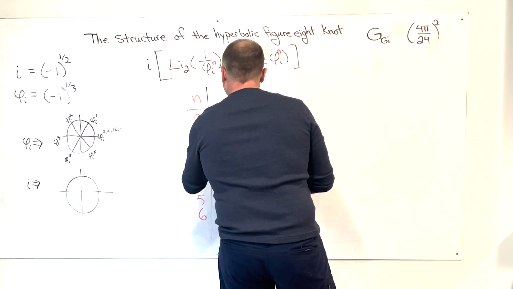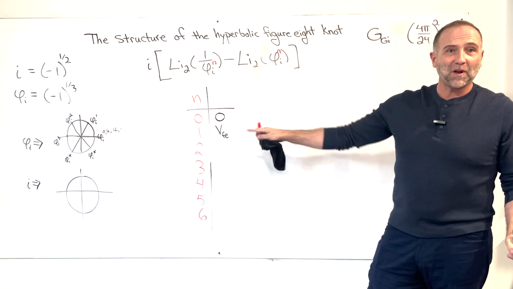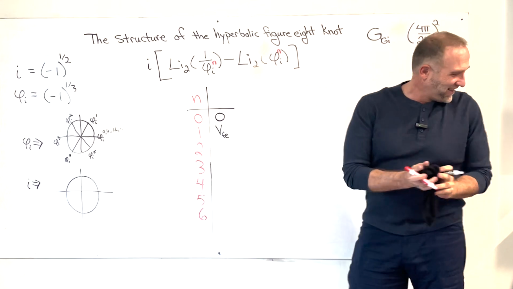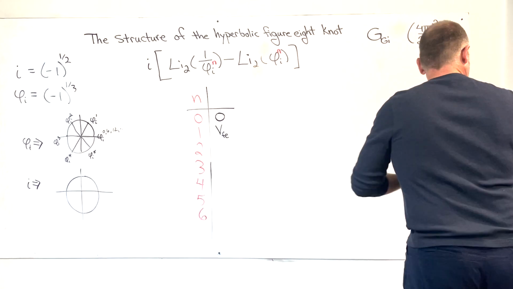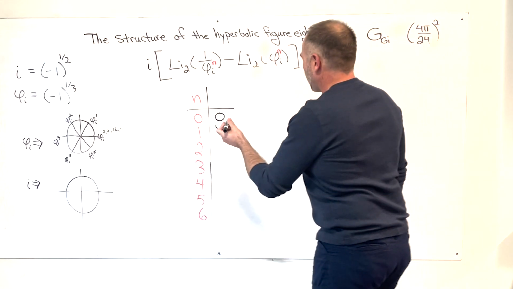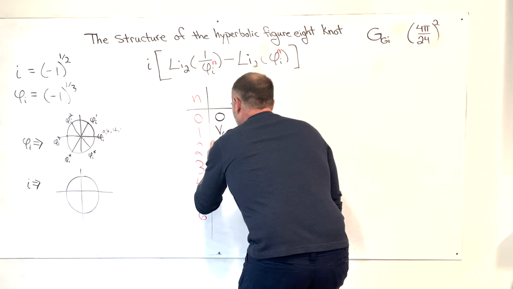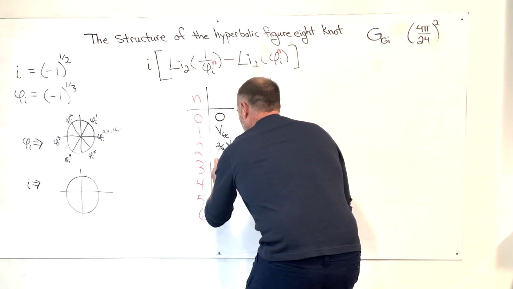All right, so right now we have a pattern developing that starts at 0, and its first step is the hyperbolic figure 8 knot. What's the next step going to be? Any guess? 2 VFE. That's a great guess. It's very close too. Turns out it's 2/3 VFE. And then 0.